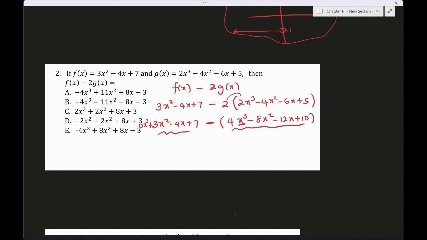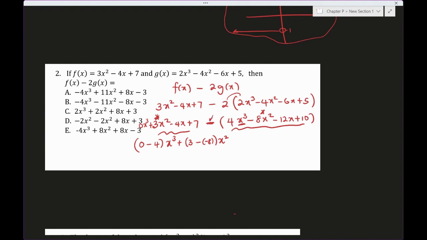Since I'm subtracting here, what do we do? What we can do is subtract the coefficients. So this is 0 here, so I have 0 minus 4, then x to the power 3. Then I need to deal with x to the power 2. The coefficients are 3 and minus 8, so we're going to have 3 minus 8 all times x squared.